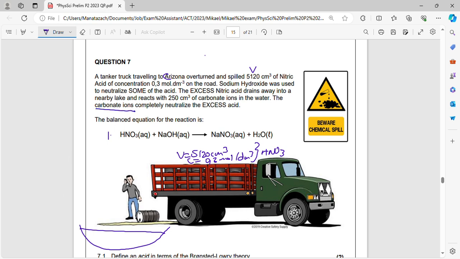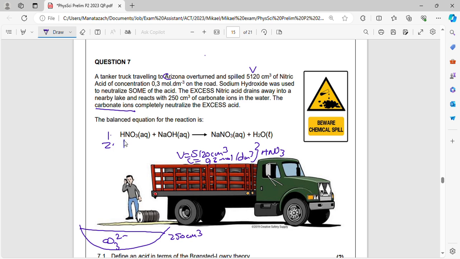The volume of the carbonate ions is 250 cm cube, and it's going to neutralize this acid completely. It means you won't have an excess acid after it reacted with the carbonate ion in the lake. So this will form part of the second type of reaction. I'll call it number 2.